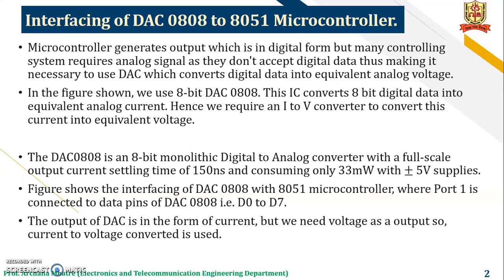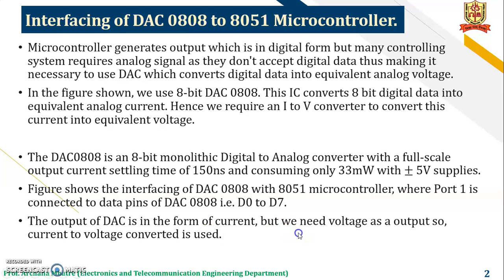The figure shows the interfacing of DAC 0808 with the 8051 microcontroller, where port 1 is connected to the data pins of DAC 0808, that is D0 to D7. The output of the DAC is in the form of current, but we need voltage as output, so a current to voltage converter is used.